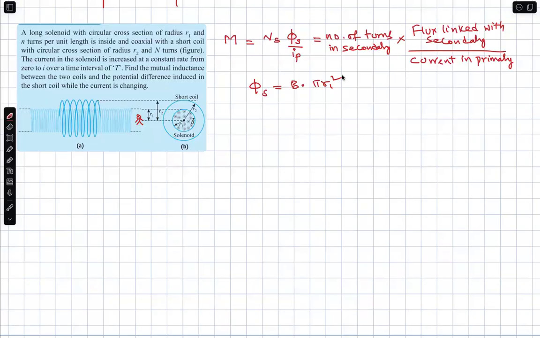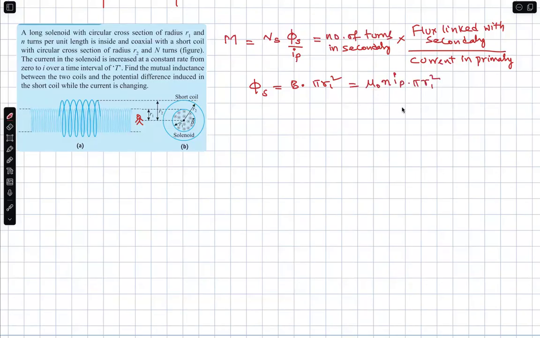What is B? For a solenoid, mu naught, n turns per unit length, n I primary, that's all, because it's a long solenoid, into pi R1 square.